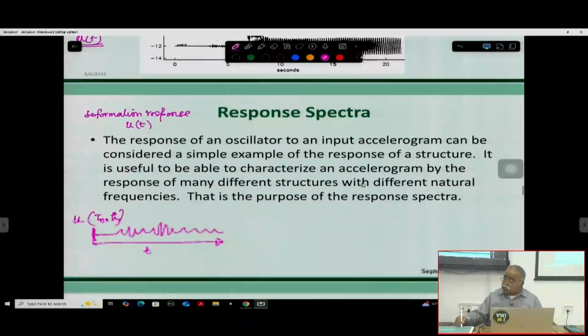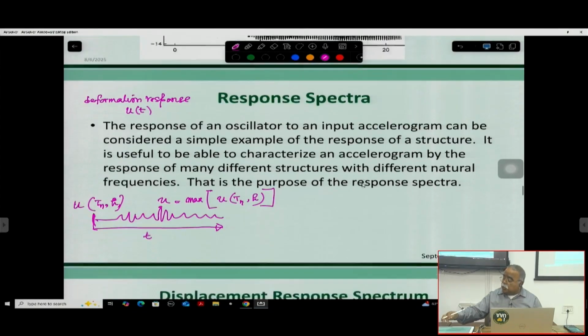So this is your T, and this is your U function, and we calculate the maximum value for each Tn and each damping. We take the maximum of this, and that is your U0.